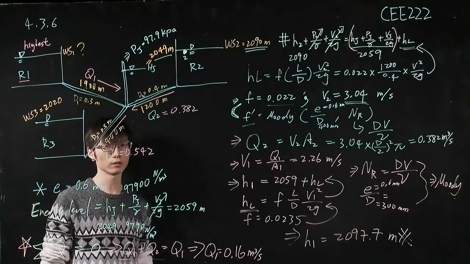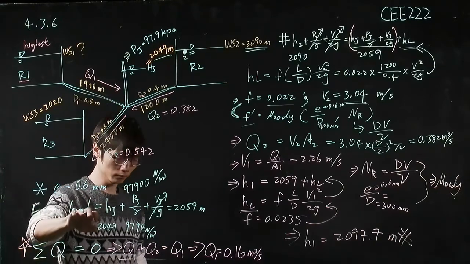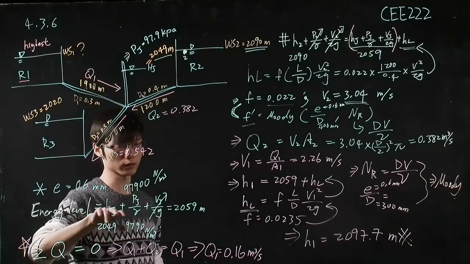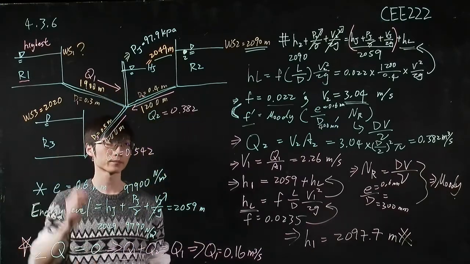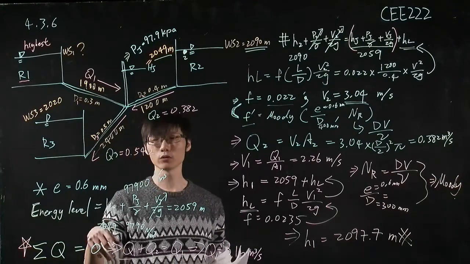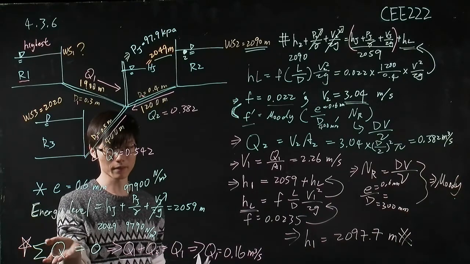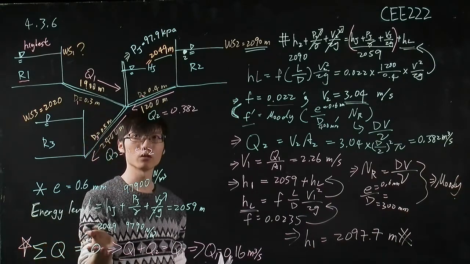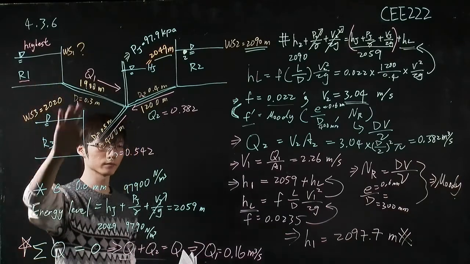To do that, we first calculate the energy level of the junction, because this is the total energy inside this three-reservoir system. Then we want to utilize this mass balance equation to solve the water level for reservoir 1.